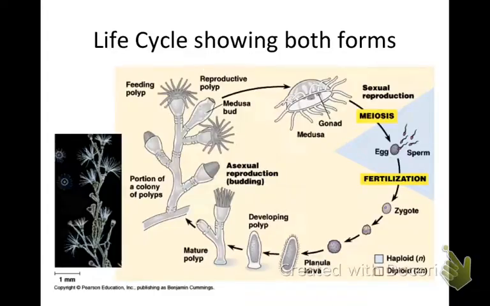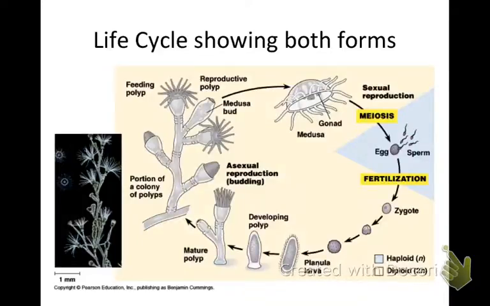So life cycles of both forms. Polyp stage, medusa stage, these are also external fertilization. They distribute their gametes out into the water, and then they will fuse together, make a zygote, and then grow in that polyp stage, and then it will eventually turn into that medusa stage.